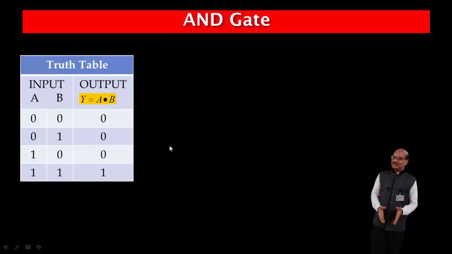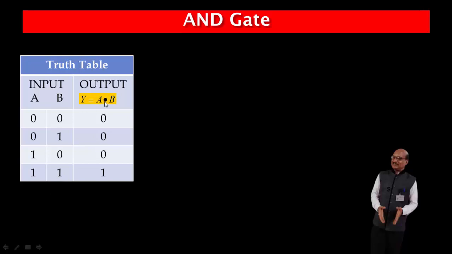Now let us see the truth table for the AND gate. In the truth table you first write down the inputs a and b and their possibilities: 0 0, 0 1, 1 0 and 1 1. Always remember this sequence 0 0, 0 1, 1 0 and 1 1. So this is decimal 0, this is 1, this is decimal 2 and decimal 3. Now this AND gate works as a multiplication operation.